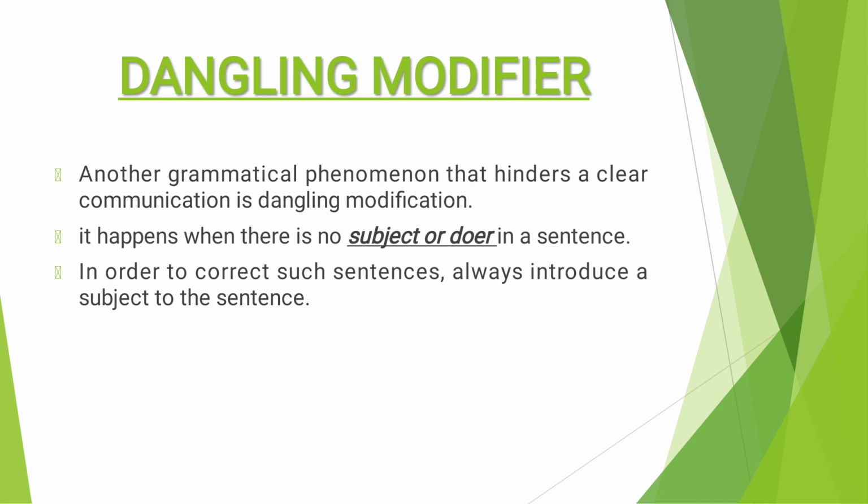We have seen that the problem is the fact that there is no subject and there is no doer in the sentence. So in order to correct it, introduce a subject or a doer to the sentence. At the moment you are able to introduce a subject or a doer to the sentence, then you're good to go. Introduce a doer or subject to the sentence.